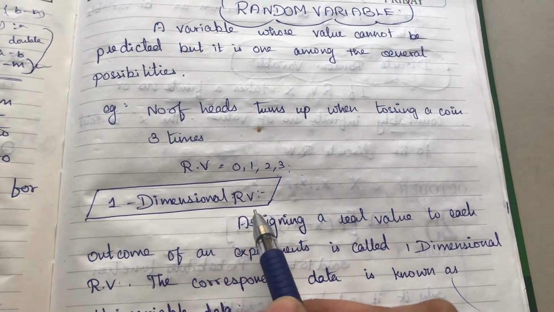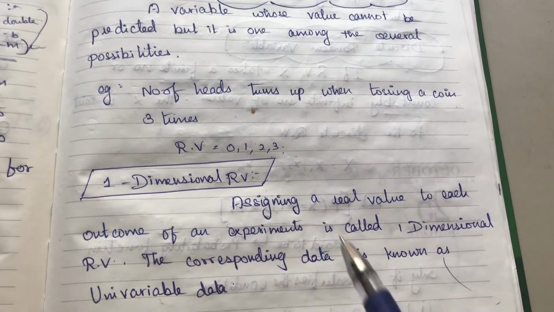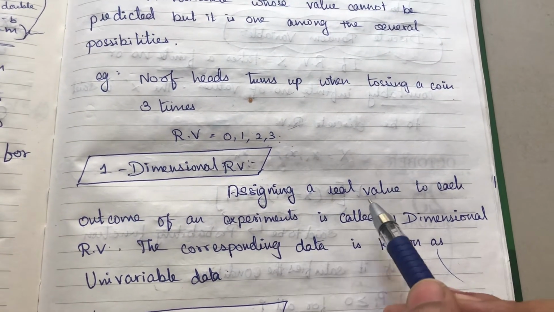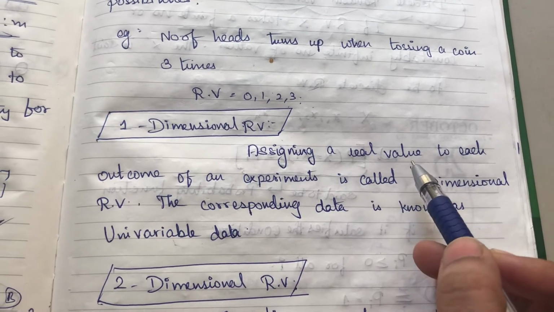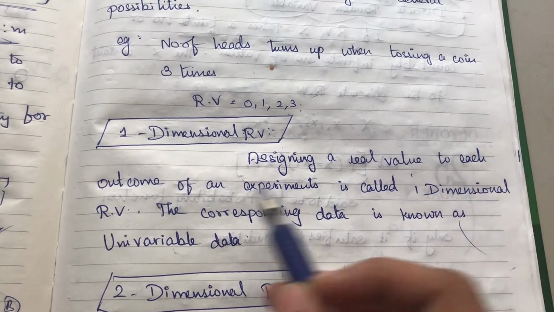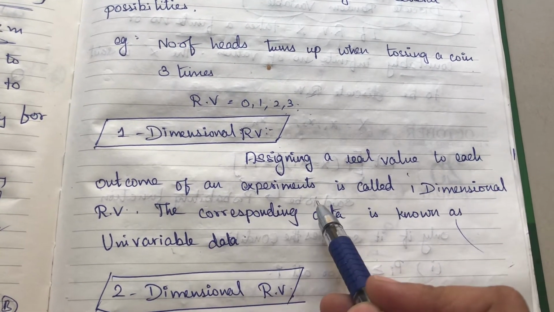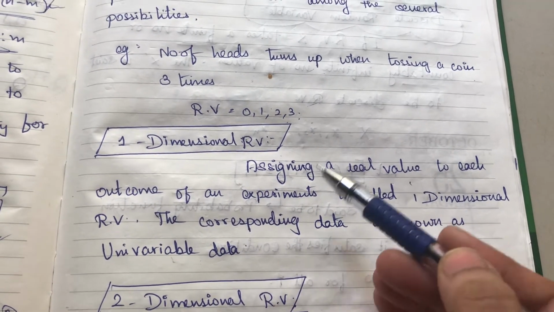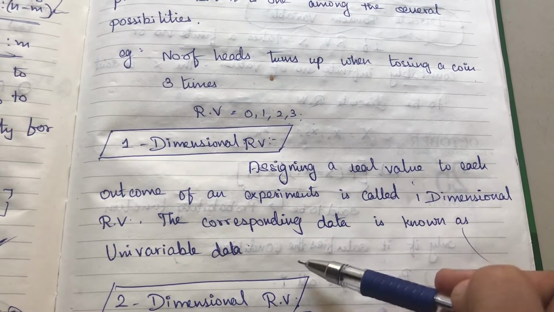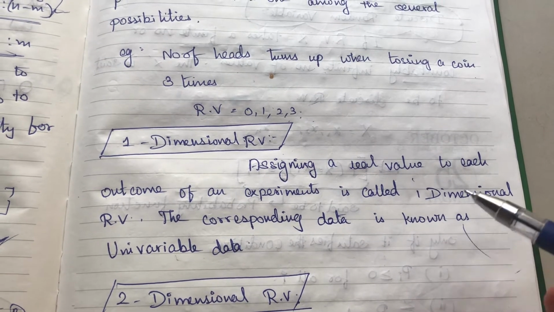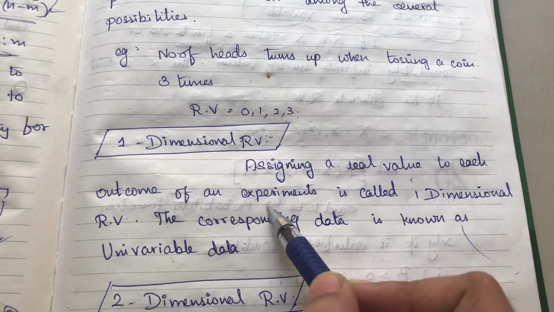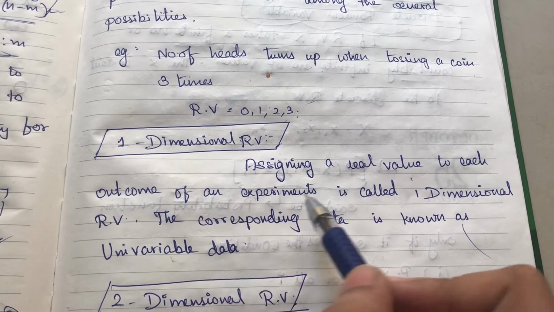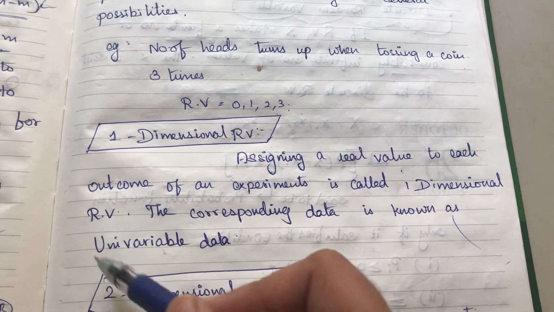One dimensional random variable. We are assigning a real value to each outcome of an experiment. There are many outcomes from many experiments, right? We consider any one experiment that has many outcomes.